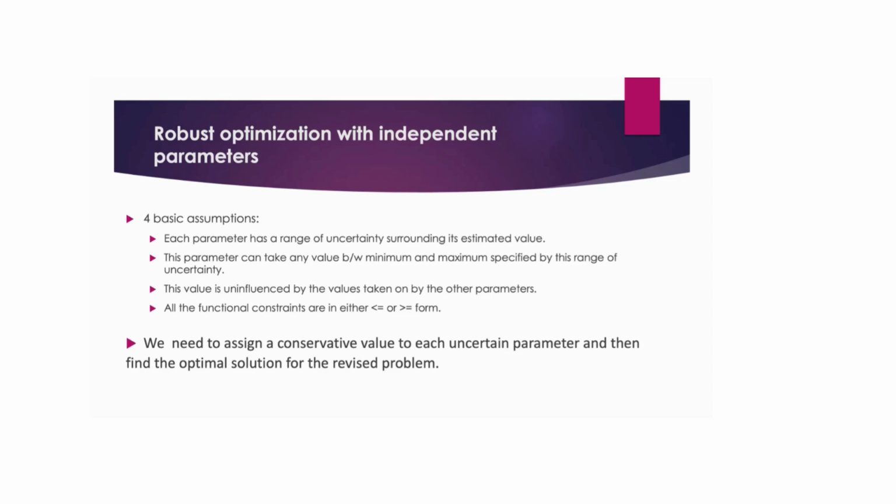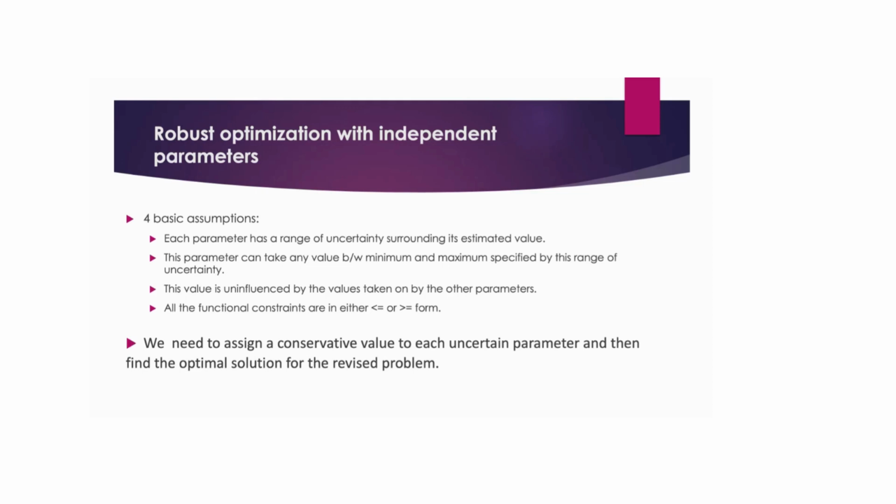When we say independent parameters, the parameters are not related to each other such that if you change one, you need to change the other one. There's no need for that. You can change one parameter and still not affect the other parameters.